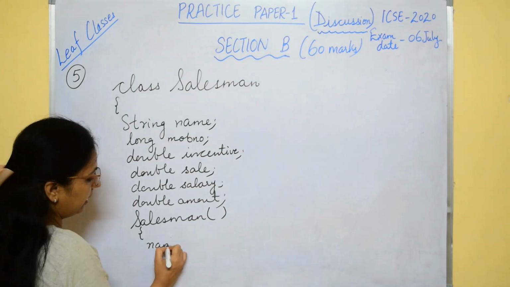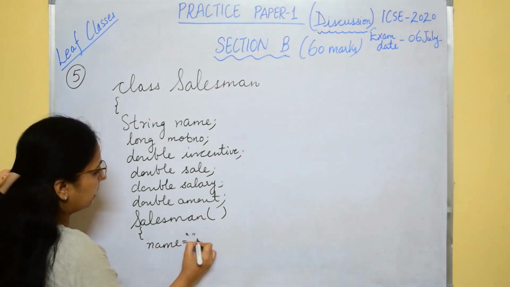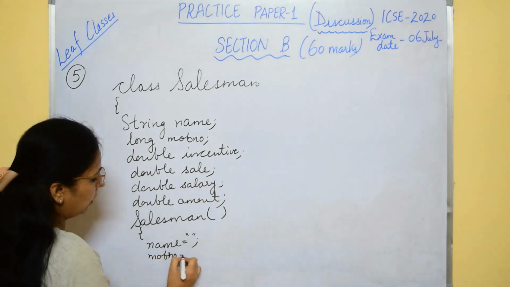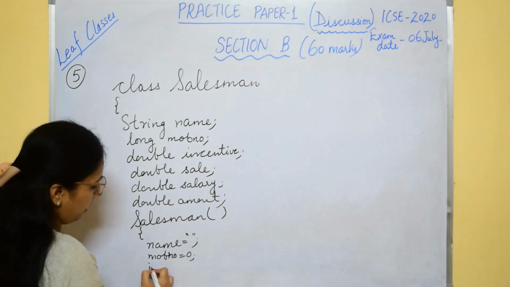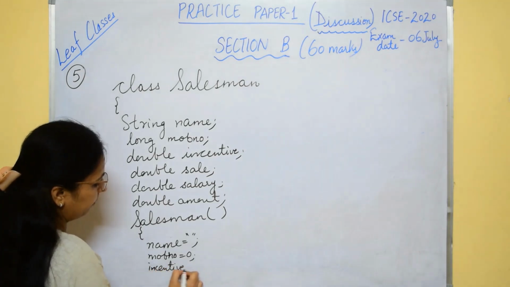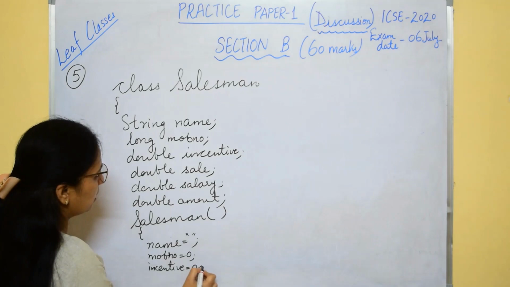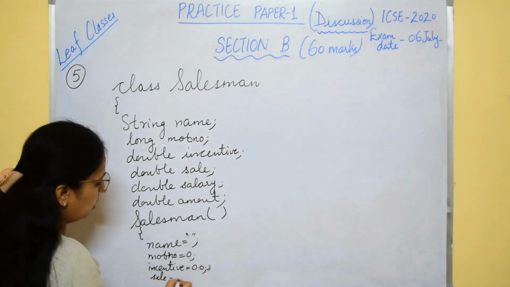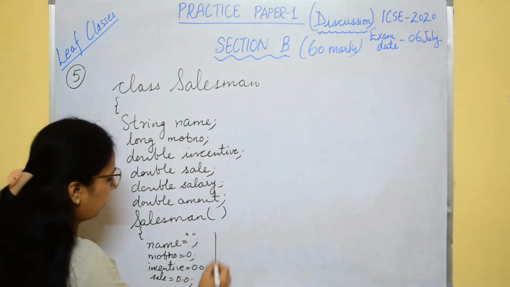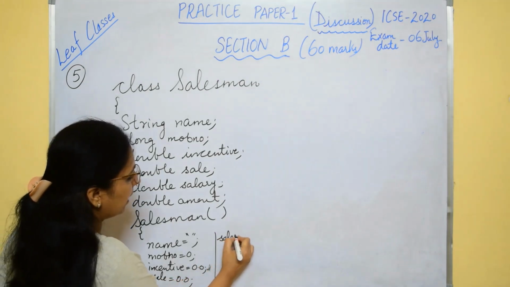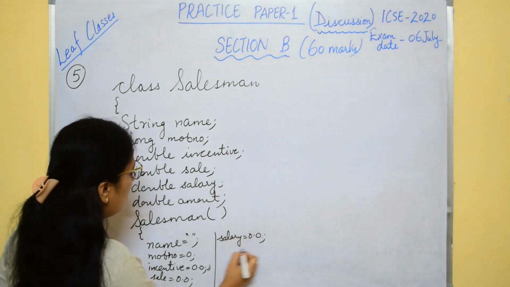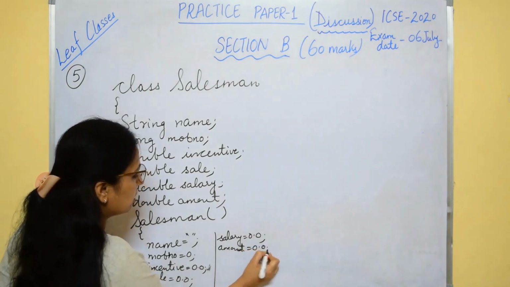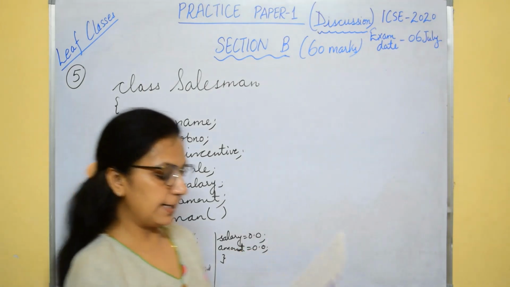So we'll initialize name equals to nothing, only double quotes, mobno equals to 0, incentive equals to 0.0, sale equals to 0.0, salary equals to 0.0, amount equals to 0.0. So this is your default constructor.